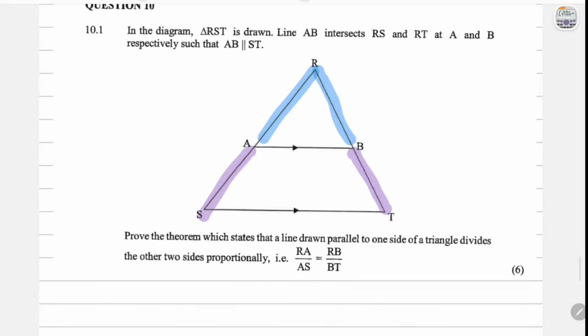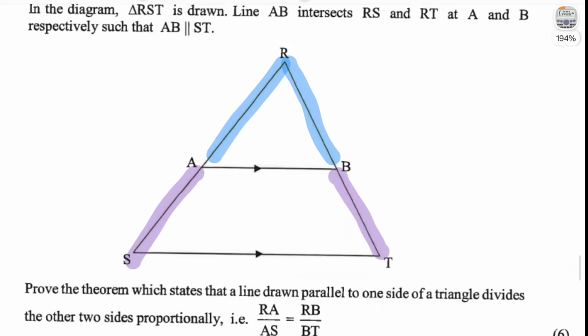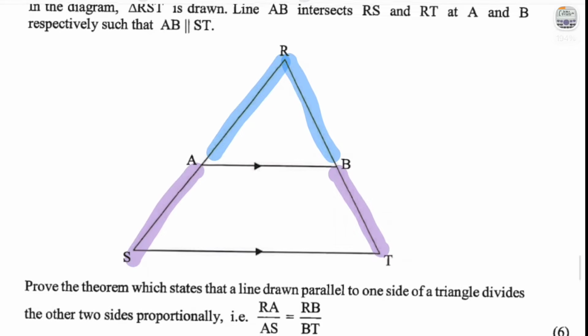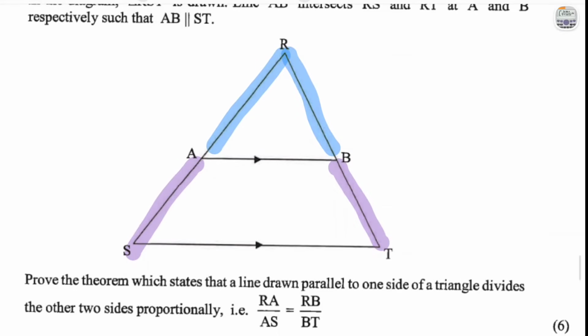So in order to prove this theorem, because you need them to be over each other, we're going to work with the areas of the triangles. But the thing about the areas of these triangles is they have bases. And these lines that we see here, RA, AS, RB, BT, those are going to be the bases of the triangles. So with the top triangle, it's pretty simple to see that RA can be the base of that triangle.